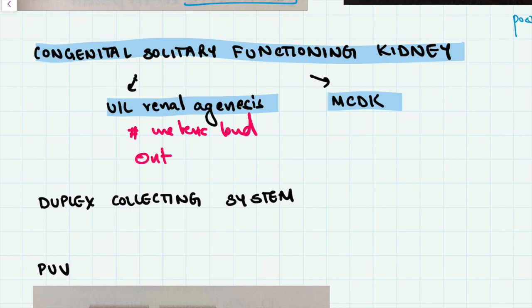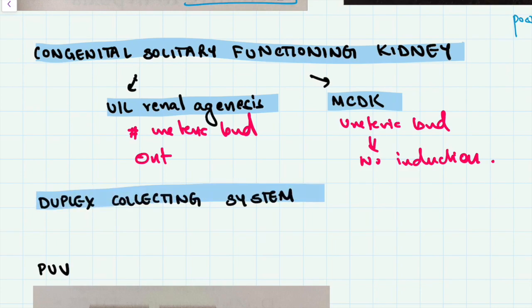Hence, the kidney would be absent on the side that the ureteric bud is absent. While in a multicystic dysplastic kidney, the ureteric bud is present, but there is no induction of differentiation of the metanephric mesenchyme. So, that is the difference between the two. In both the cases, only a solitary functioning kidney would be present, right.